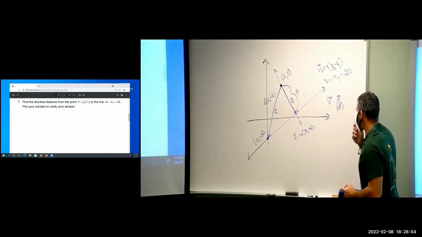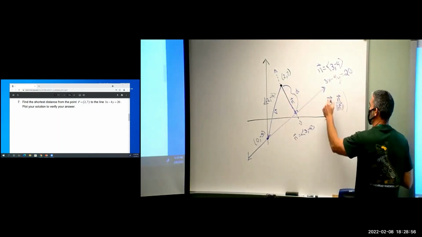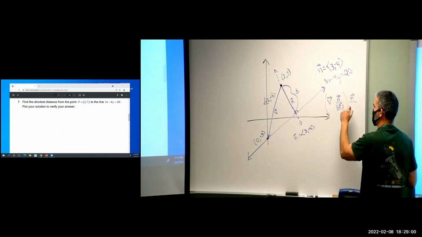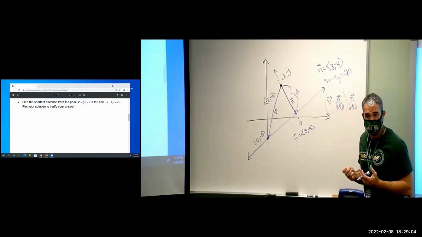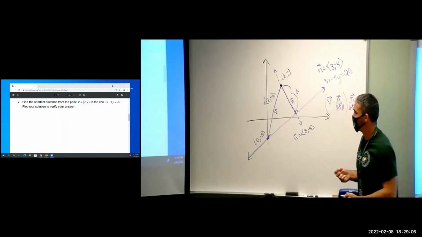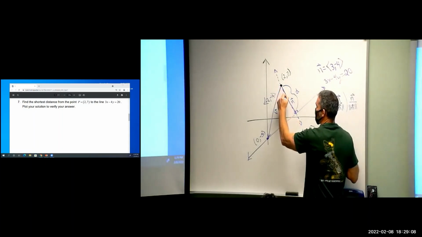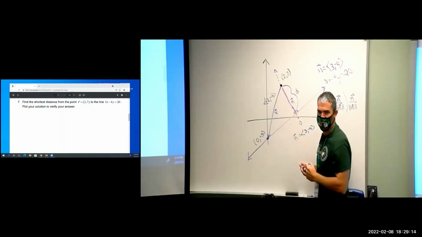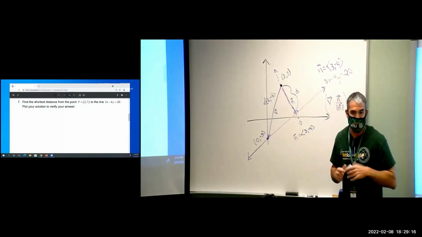Now, like I was talking about before, if I were to do this, and this is from the video you watched for today, that turns it back into a vector, which would be the components for this vector that goes from that point to the line. That's not what we were asked for.